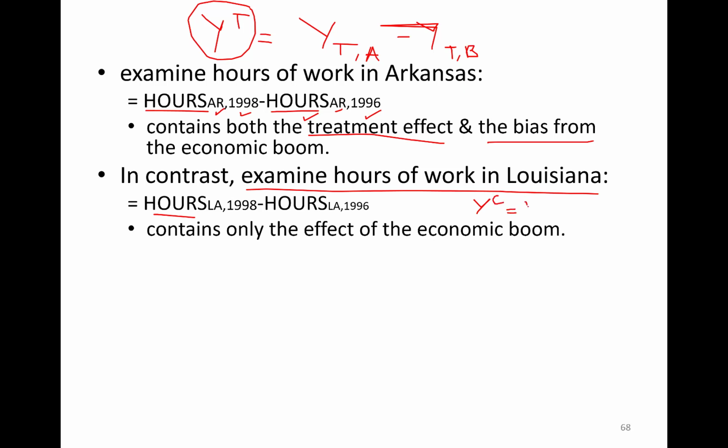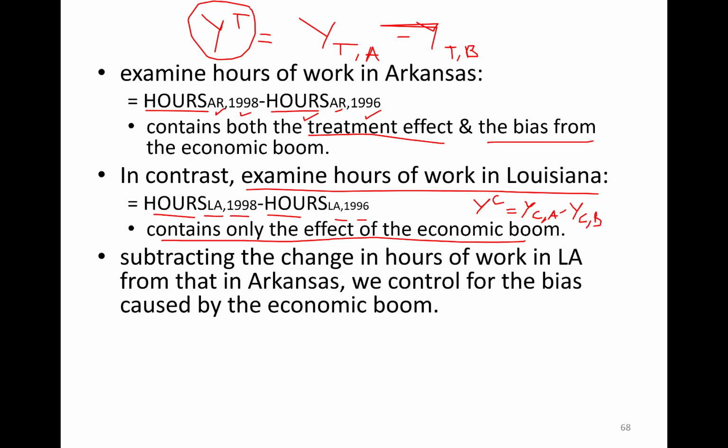So what we do, outcome hours: you look at the control group after, minus outcome hours, control group before. Okay, so hours of work in Louisiana, control group after, hours of work in Louisiana before. So this contains only the effect of the economic boom, and there was no policy change in this state group.